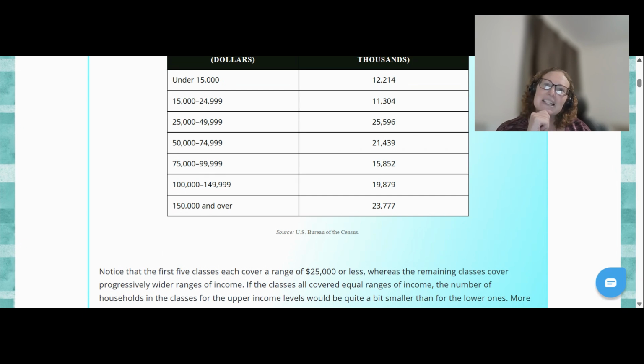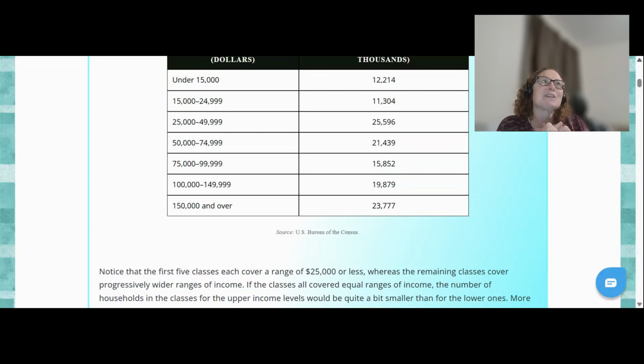Look at commonalities in the different organizations and how they group the data, because it's nice to be able to say, okay, this is what they said and this is what we're saying, and the data matches, because a lot of times it doesn't. So you think you're looking at the same thing, but you're really not.